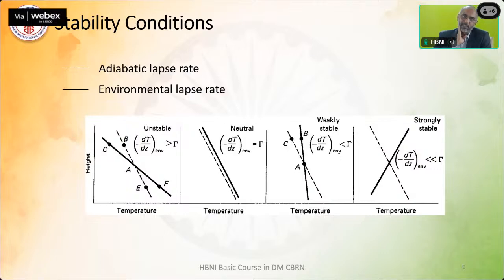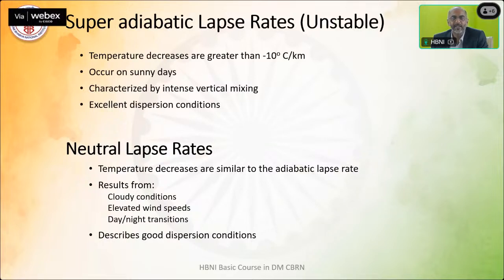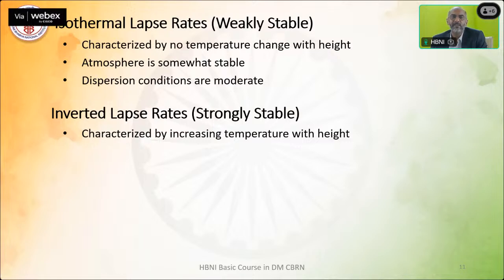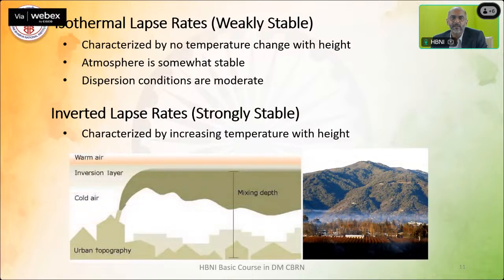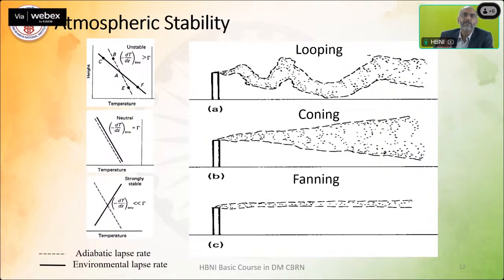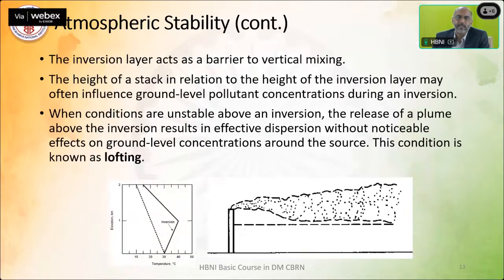I was taking you through the various stability classes, which class is good for dispersion and which is not, and why, what sort of temperature change across the height is going to be there, and how the plume will behave for these different stability categories.